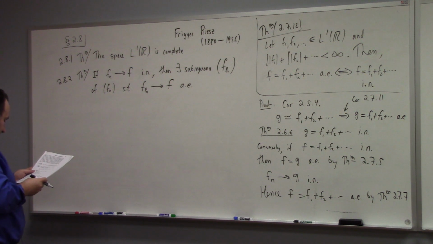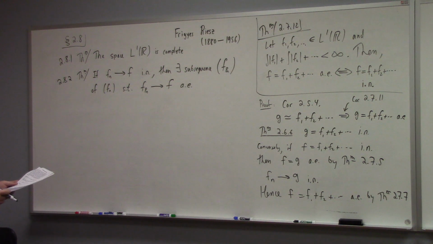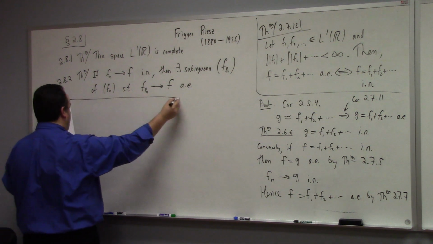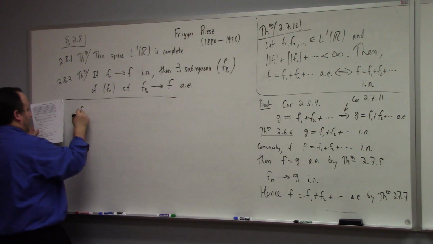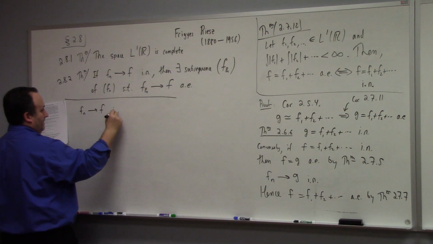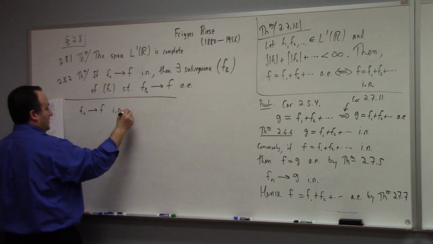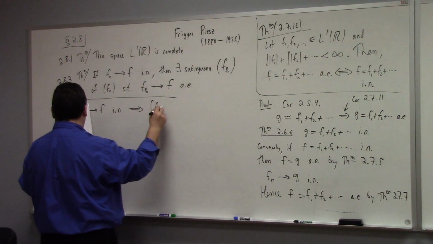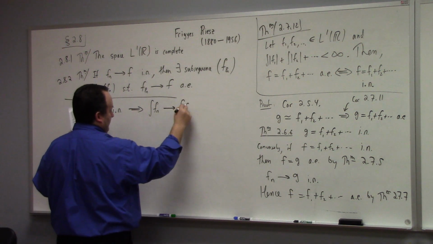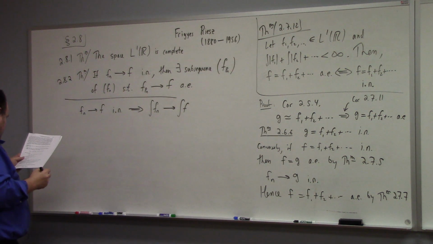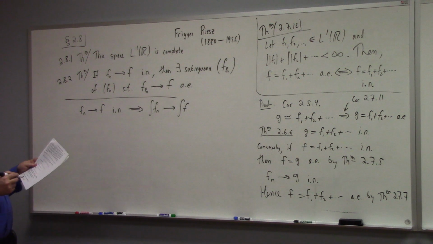All right. And he says more than this. He says convergence in norm has the following important property. Or we can say this: Fn converges to F in norm implies that the integral of Fn converges to the integral of F. What's that, Audric?